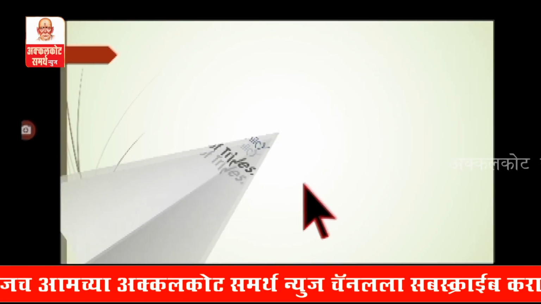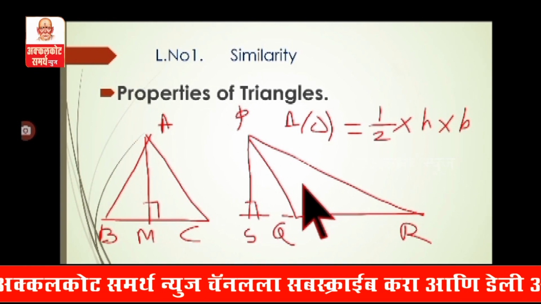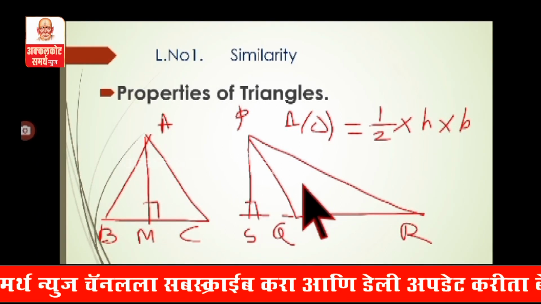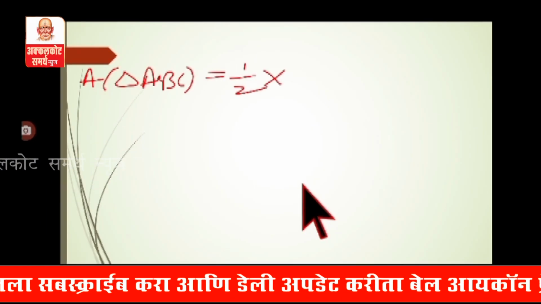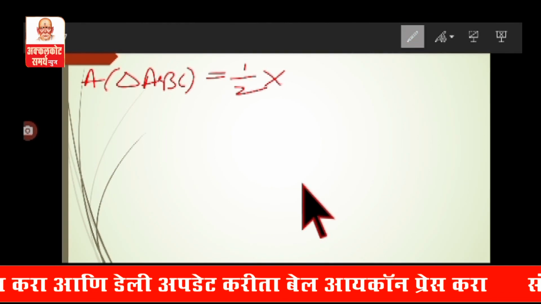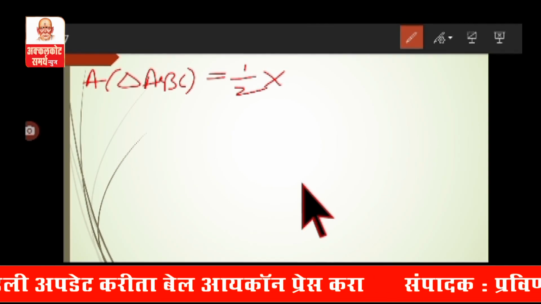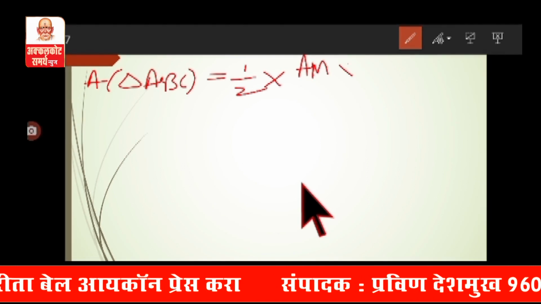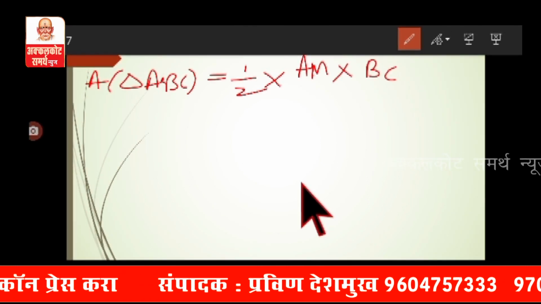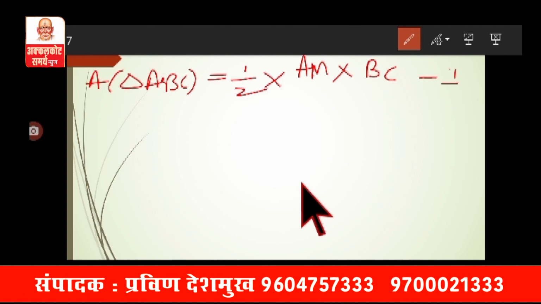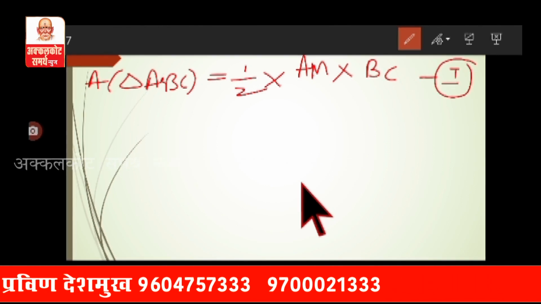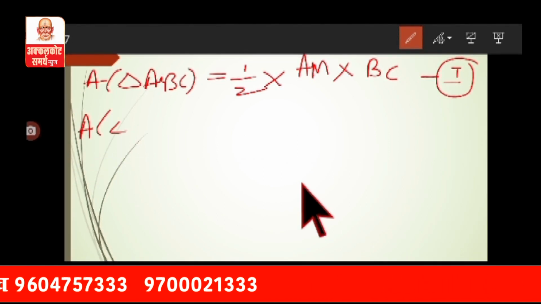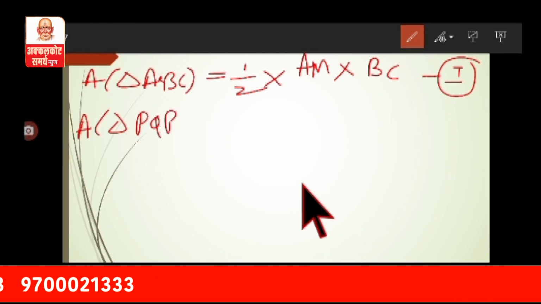But see children, what is the height? AM is the height, BC is the base, remember that. So according to that, what formula will I get here? Half into height, so height is AM and base is BC. Okay, so keep this as equation number 1. And now same, take the area of triangle PQR.